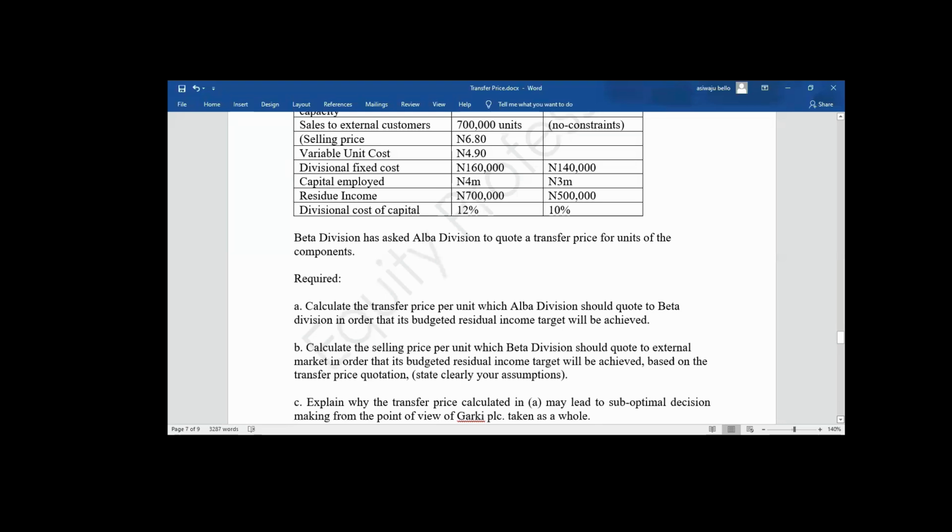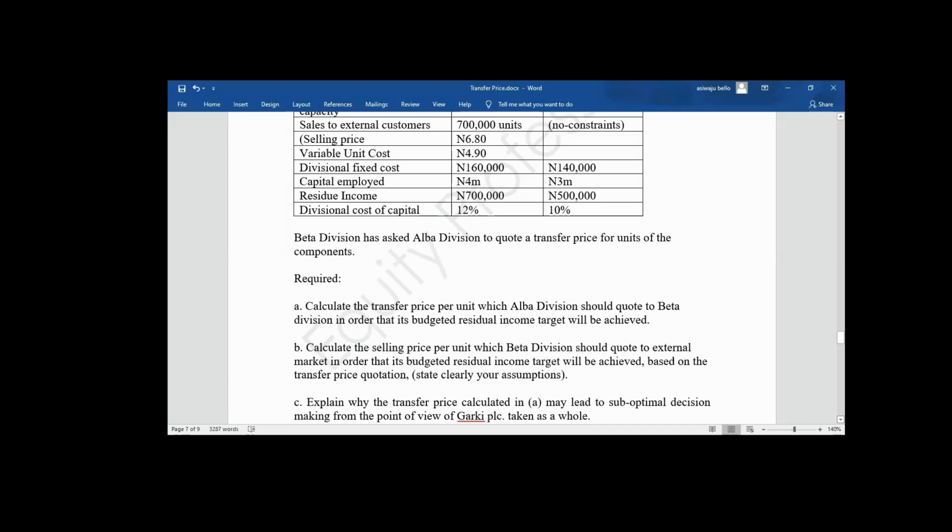To approach this, we must know the internal sales revenue. In this case, we are going to do a walk back. It's like working from your profit. If you prepare your marginal costing statement, you have your sales value less your variable cost.